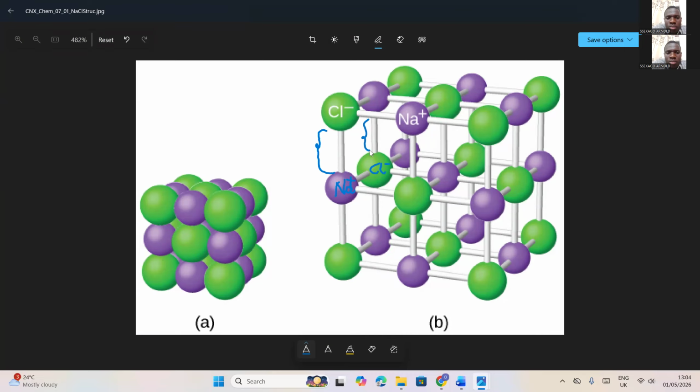So this is the ionic bond, and this is the giant ionic structure.